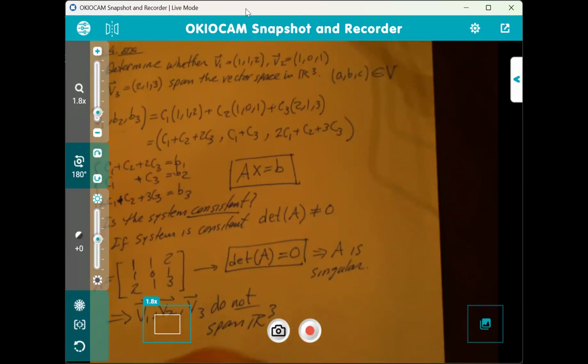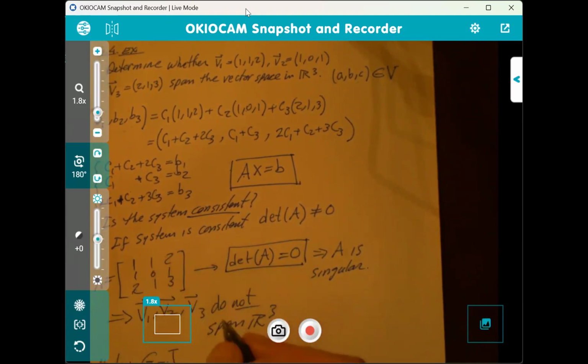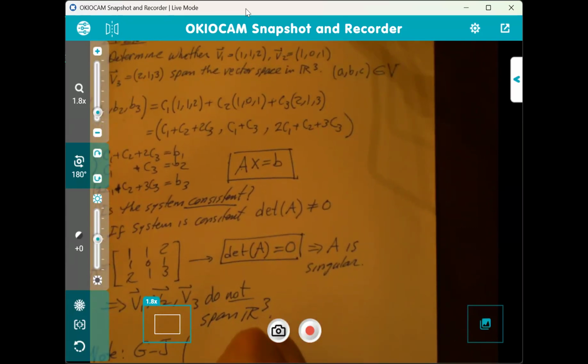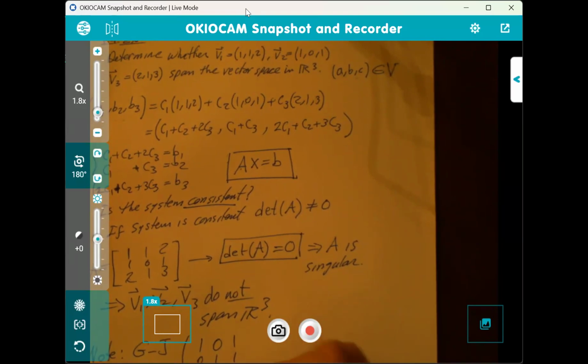Now, real quick, and we're done, folks. I know it's time to go. Give me 1 minute, I promise you. Let me just put a note here. When I did the Gauss-Jordan on this matrix A, this is what it looked like: 1, 0, 0; 0, 1, 0; 1, 1, 0.